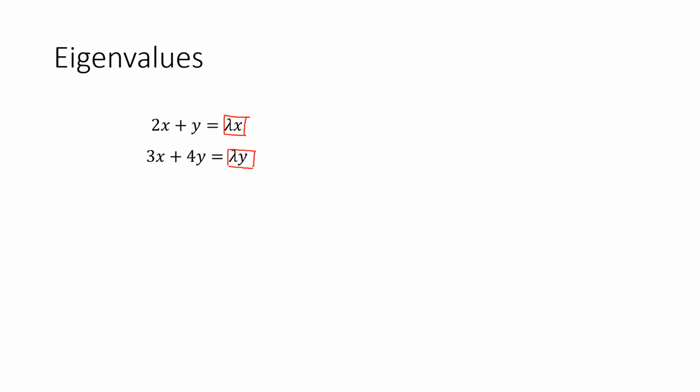We call it lambda. This is a Greek letter. In physics we generally use it for frequency, if you remember. So actually these lambdas are called eigenvalues in this kind of system.